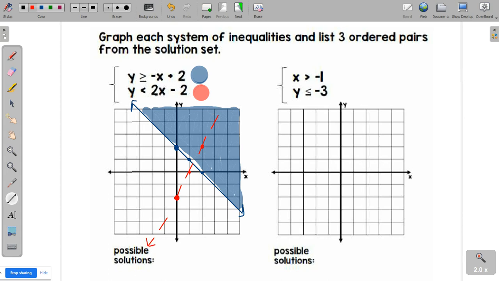Okay. Now we're going to shade. And it is a less than, so we're going to shade below the line.